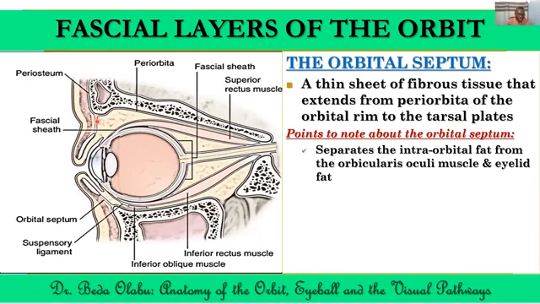If this is the orbital septum, extending from the margin of the orbit, an extension of the periorbita there, into the tarsal plate. So this is the superior tarsal plate, this is the inferior tarsal plate. This orbital septum separates the fat within the orbit, intraorbital fat, from the fat within the eyelids, but also from the orbicularis oculi muscle as well.